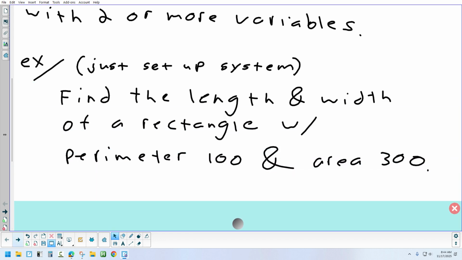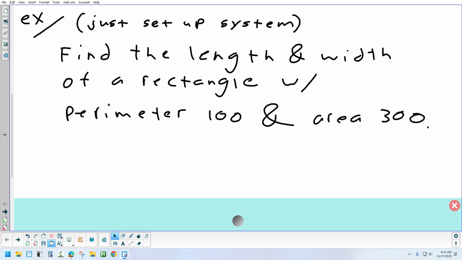All right, so they're giving us a little bit of information. We're going to fill that into what we just said. We have a rectangle with a perimeter of 100 and an area of 300. Eventually, the goal is going to be to figure out what's the length and the width of the rectangle. All right, so let's start with writing down the formulas. Perimeter.